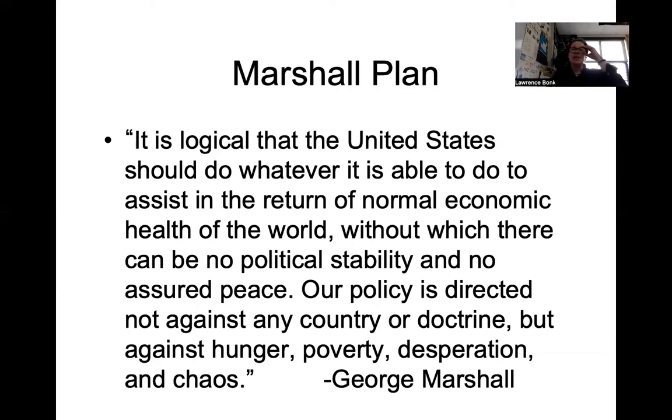Quote, "It is logical that the United States should do whatever it is able to do to assist in the return of normal economic health of the world, without which there would be no political stability and no assured peace. Our policy is directed not against any country or doctrine, but rather against hunger, poverty, desperation, and chaos."